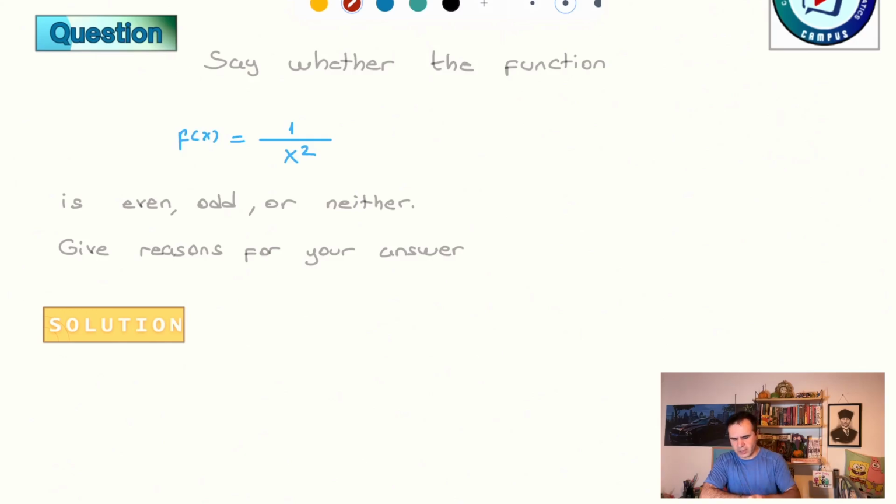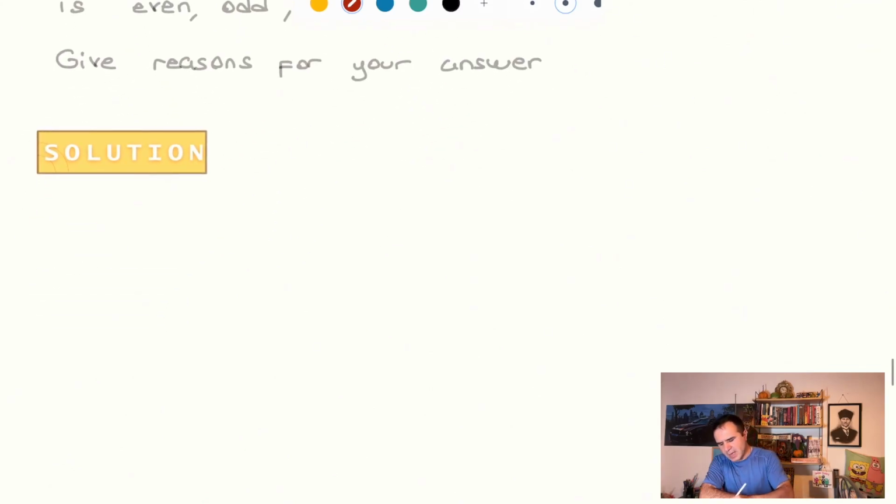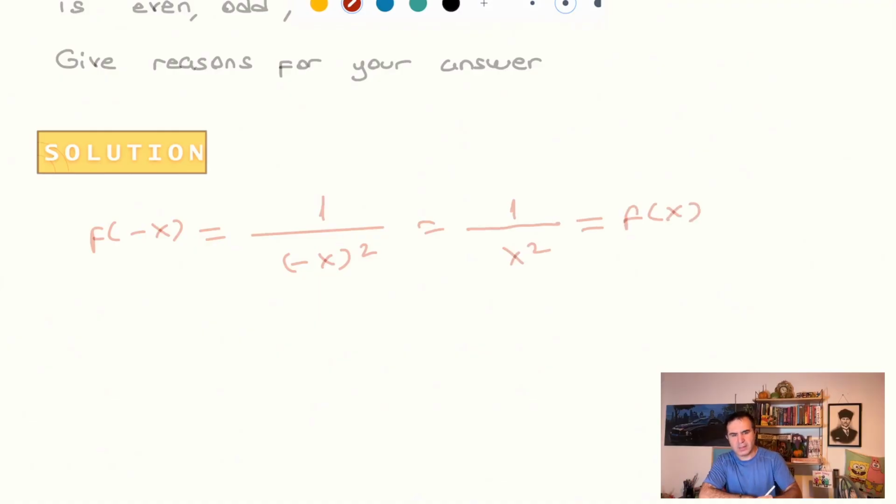For the given function, f of minus x equals 1 over minus x squared, and this is equal to 1 over x squared, and this is f of x. Because f of minus x equals f of x, this function is even.